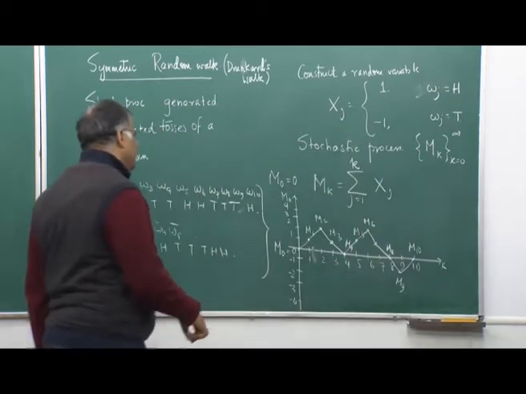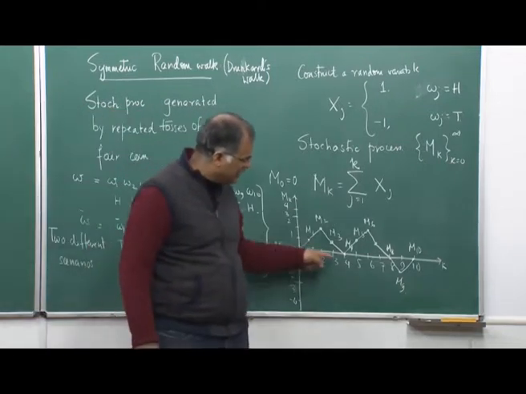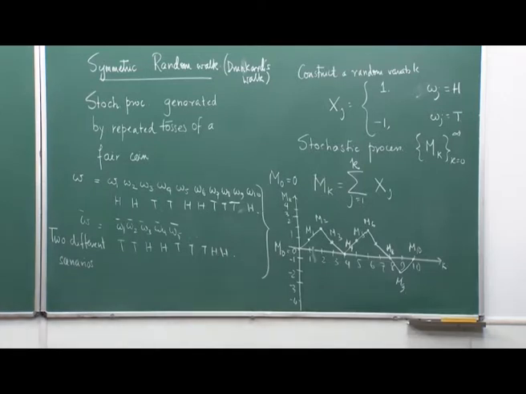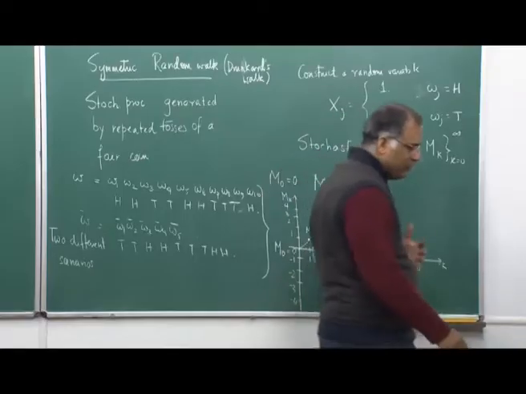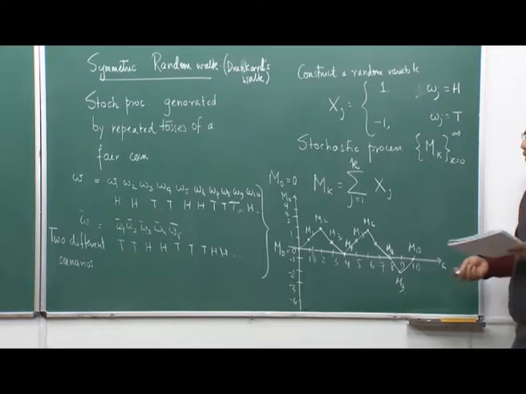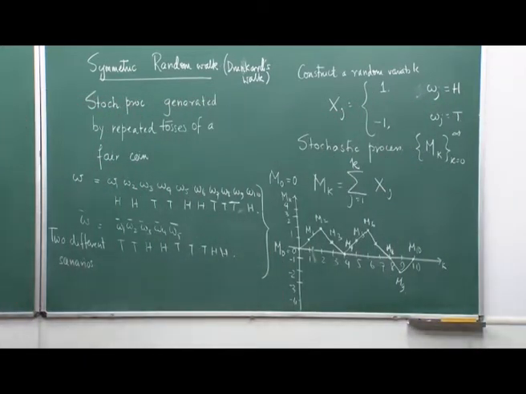What you see is that the symmetric random walk is providing me some zigzag looking curve, which might tempt you to think that possibly these two have some relationships. They do have some relationships, and we will talk about that slightly down the talk. But let me tell you some more properties of this symmetric random walk Mk.